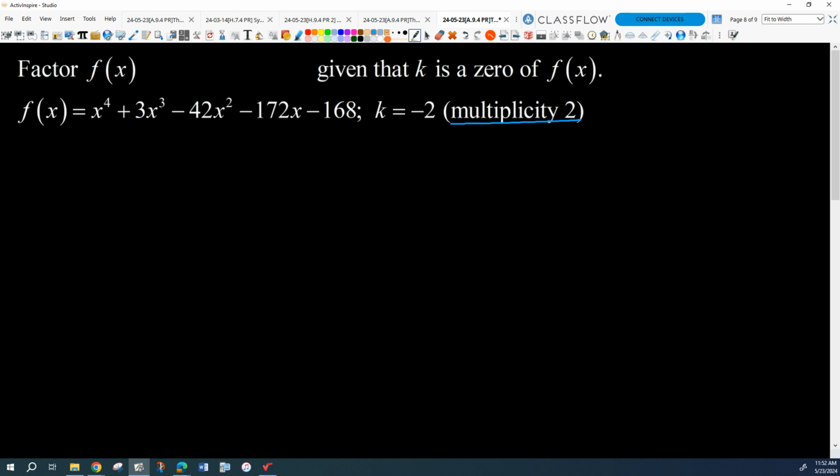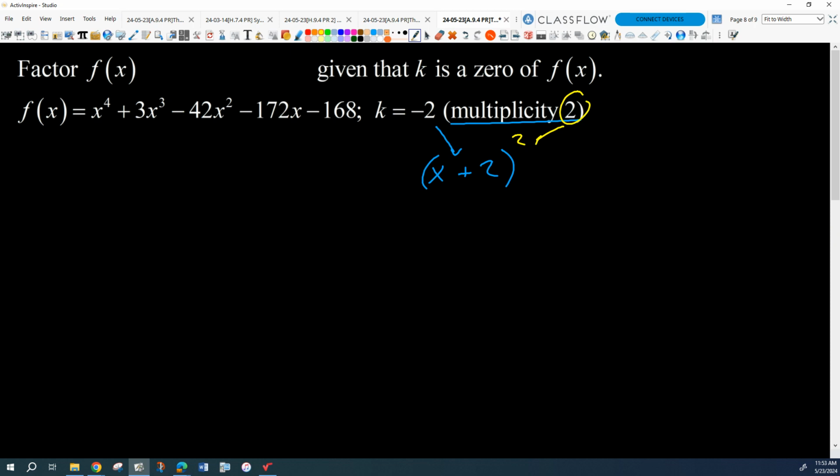Twice, right? So what's the factor that goes with this? Because the multiplicity is 2, that factor is squared. It shows up twice, okay?